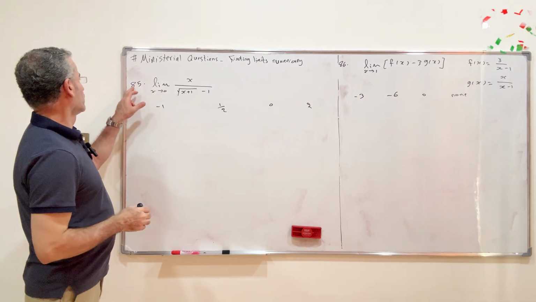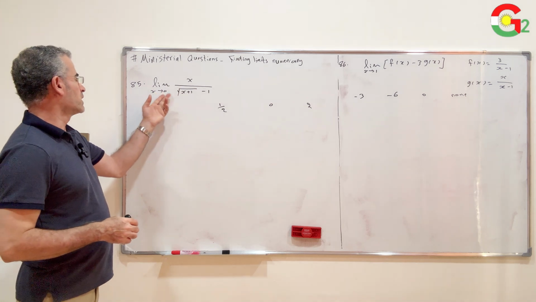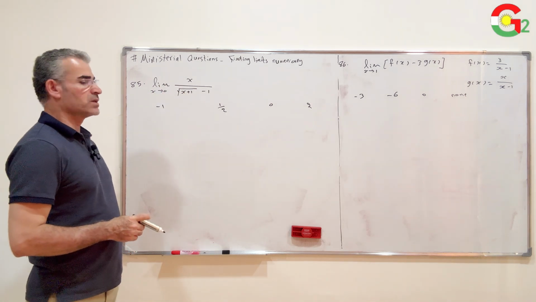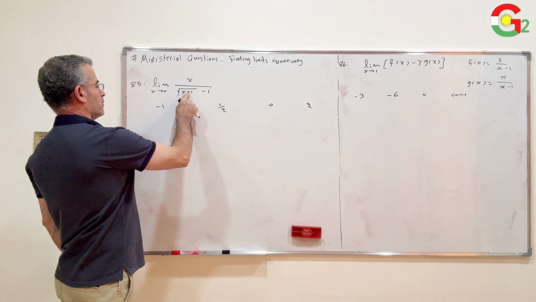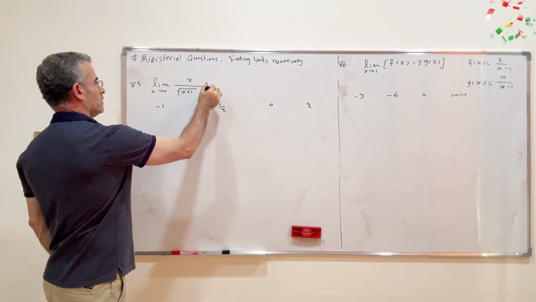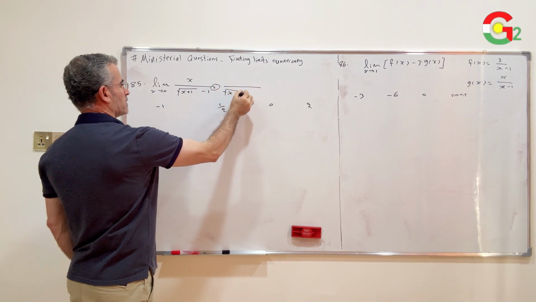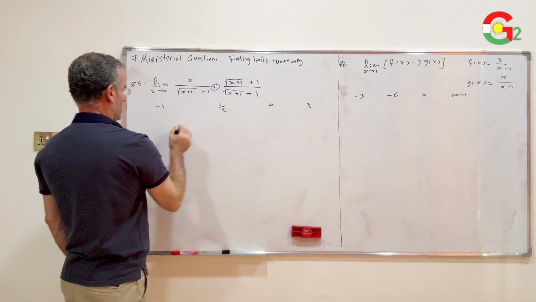Question number 85. Find the limit when x approaches 0 of x over square root of x plus 1 minus 1. 0 plus 1 is 1, square root of 1 is 1, 1 minus 1 is 0. Multiply by the conjugate of the denominator, square root of x plus 1 plus 1.